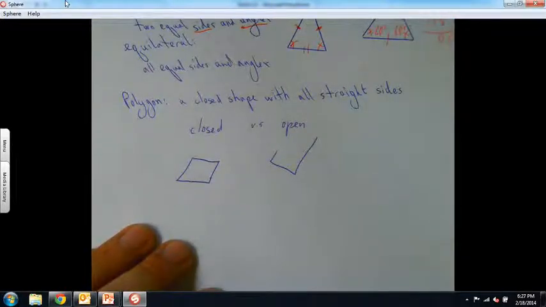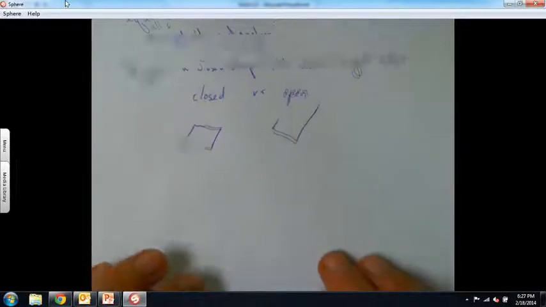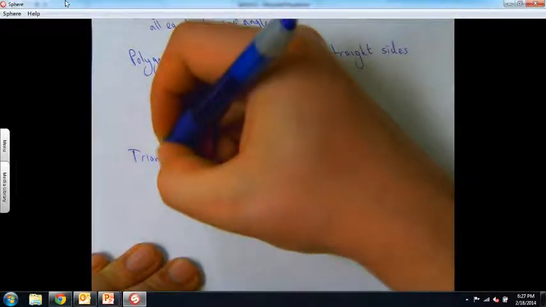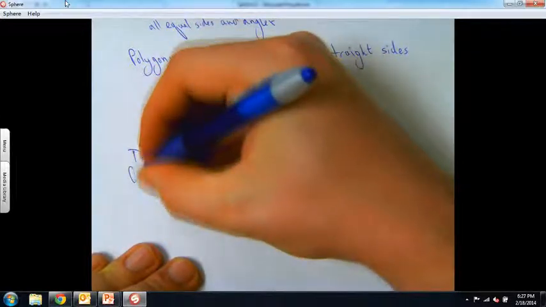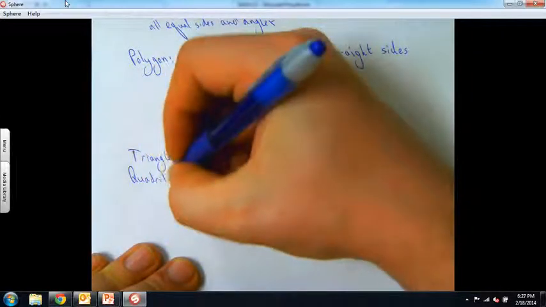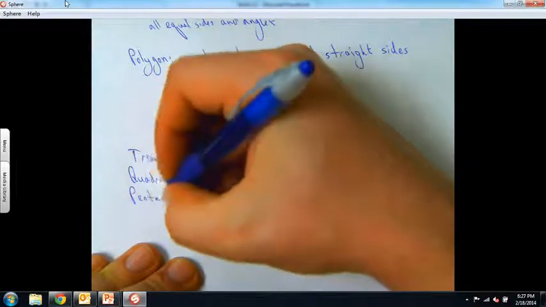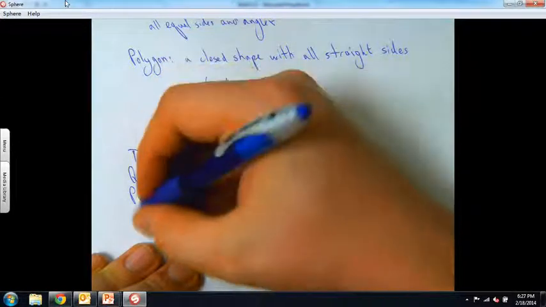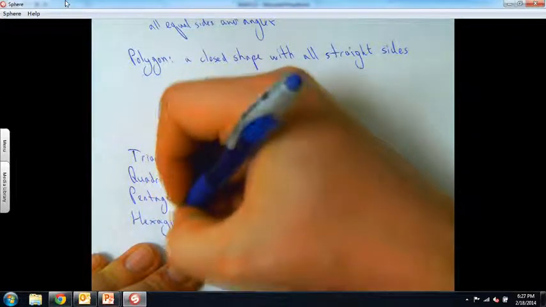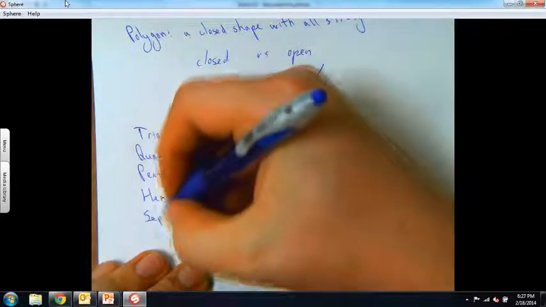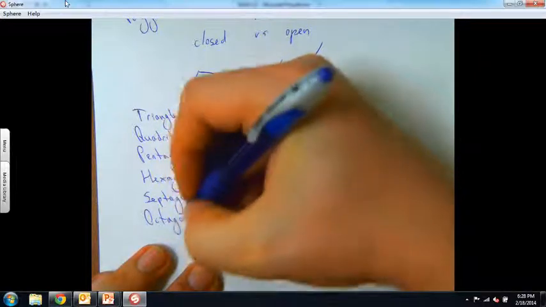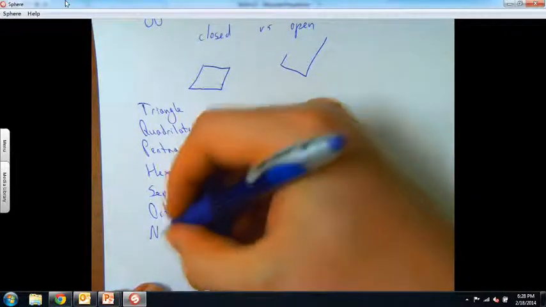Now, we went through a list of all the common names for different polygons. We have triangle, quadrilateral, pentagon, hexagon, septagon, octagon, nonagon, and decagon.